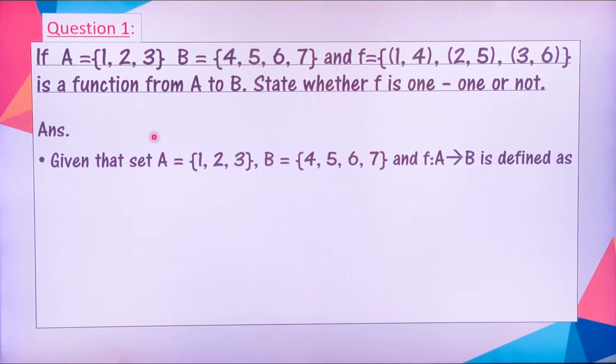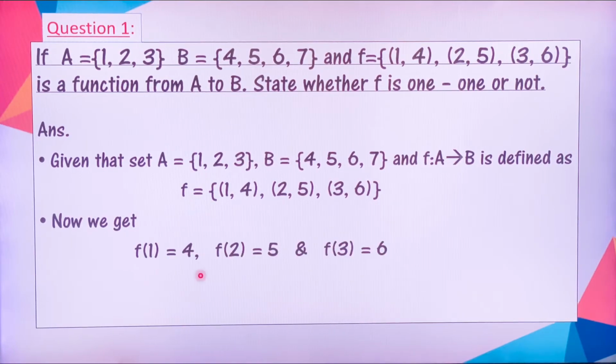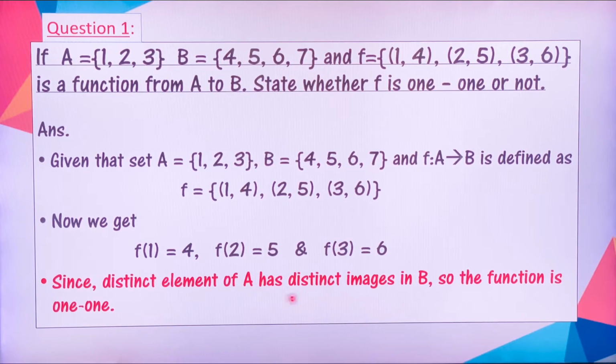Given that set A is {1, 2, 3}, B is the set {4, 5, 6, 7} and f from A to B is defined as f equals {(1, 4), (2, 5), (3, 6)}. Now we get f(1) equals 4, f(2) equals 5, f(3) equals 6. Since distinct elements of A have distinct images in B, the function is one-one.